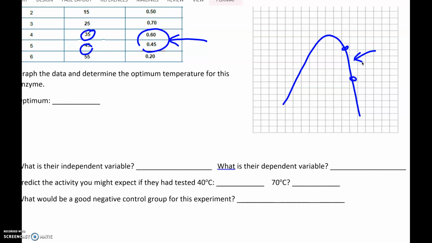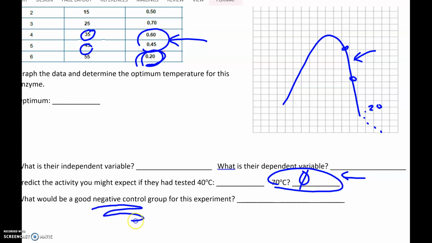And at 70, again, anything below 0.2 would be acceptable, but it's very likely it would be 0. It cannot be a negative number. You can't make a negative amount of product. The least amount of product you can make is 0.